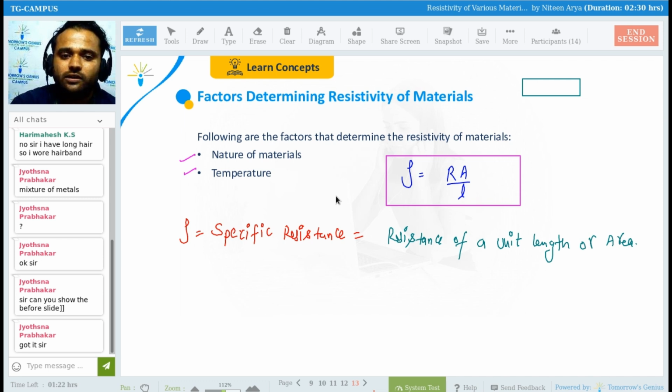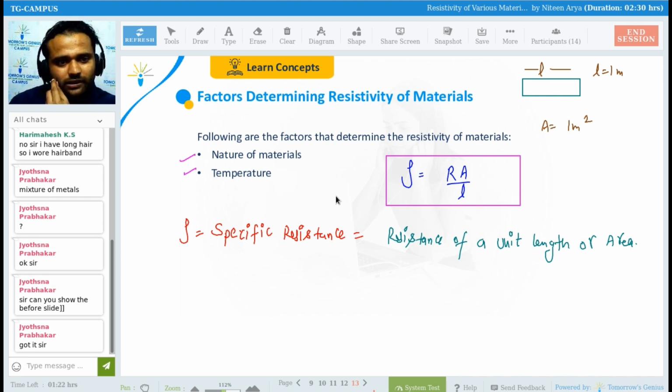The length of this specimen is 1 meter, and the area is also 1 meter square. Whatever the resistance of this particular thing is, per unit length and per unit cross section, that is the resistance.